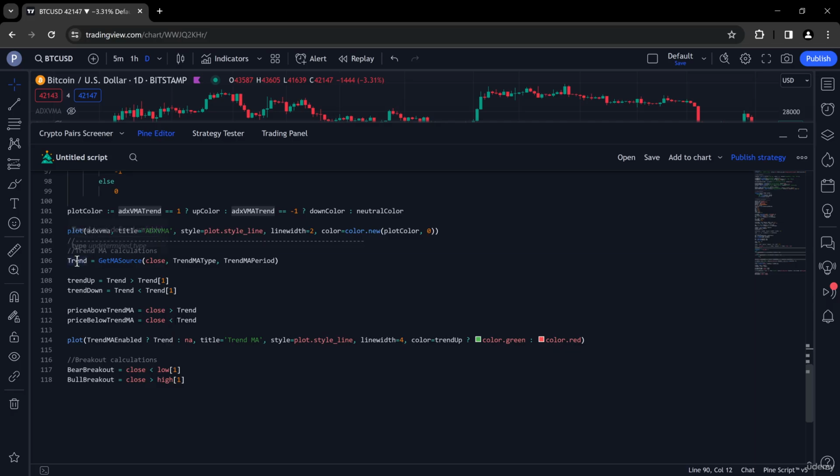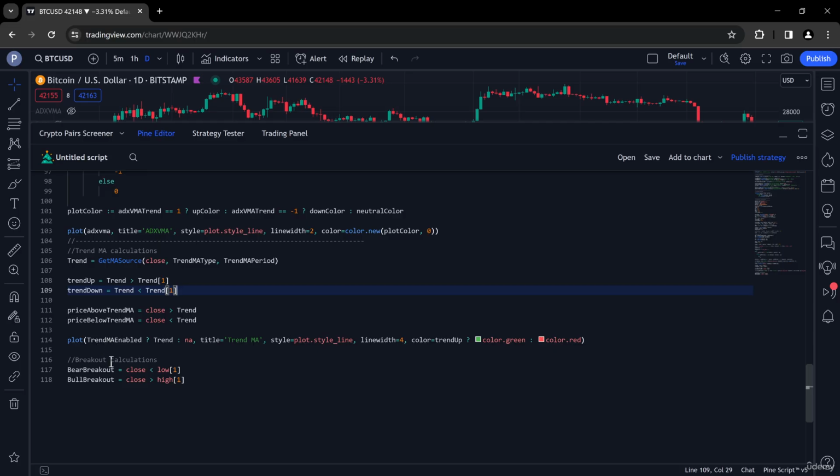So we calculate the trend moving average series itself using get MA source function, and after that we calculate certain variables that we are going to use in our trading logic: trend up and trend down variables, and then we calculate price above trend moving average or price below trend moving average.